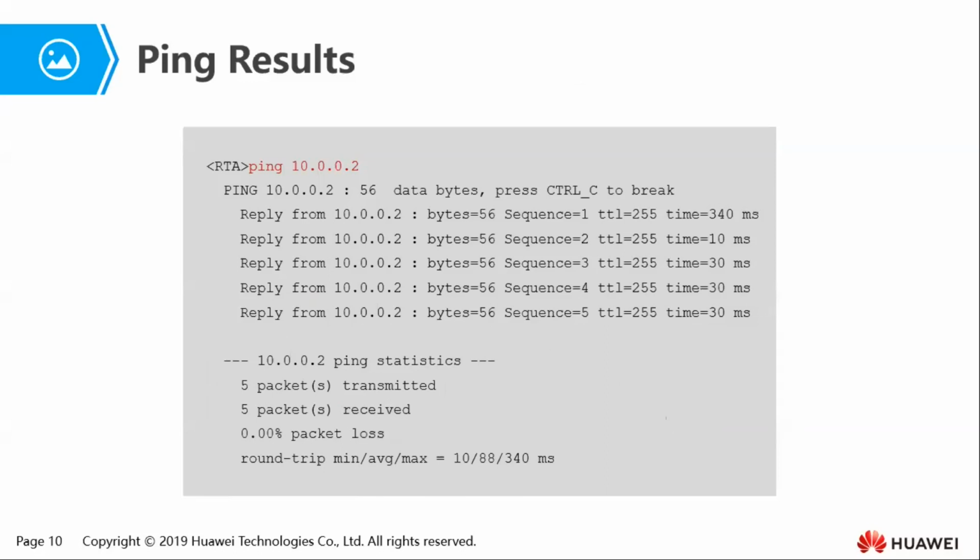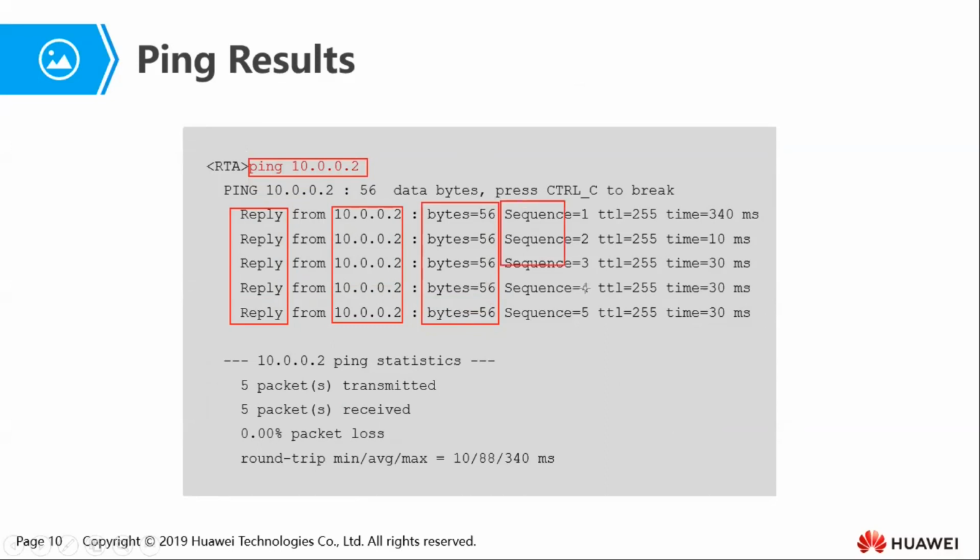Okay, so after we do the ping, we get the results. The results will have several parts. One of them is that you're actually getting replies from whoever you pinged. Other than that, you're going to get the size of the ICMP packet, which by default I think is 56 bytes.